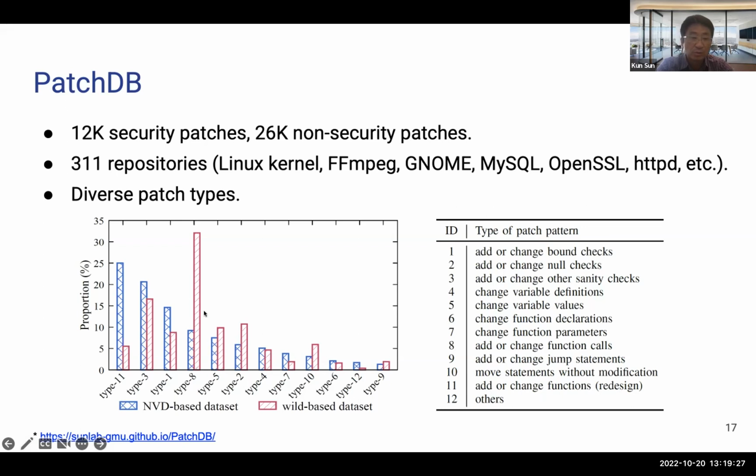So we also do some breakdown analysis on those numbers. How many fall into each type? We can see here in type 8, add or change function calls. Actually, in the wild, we found more of this type of security patch in our data set.